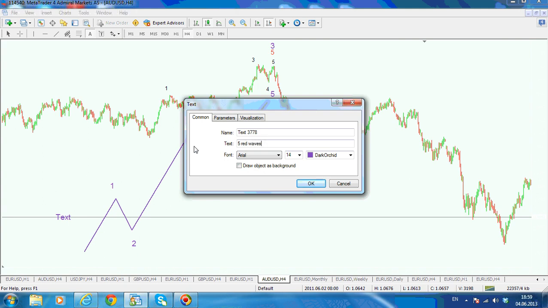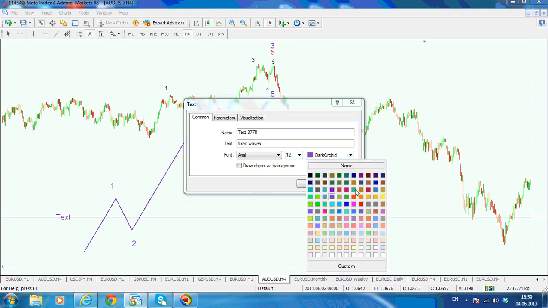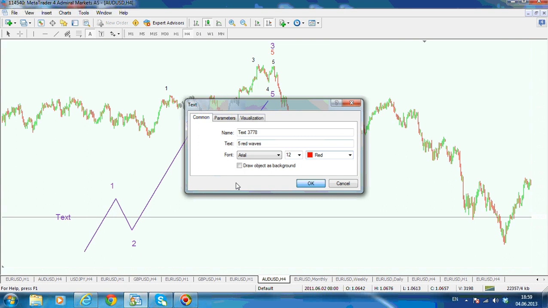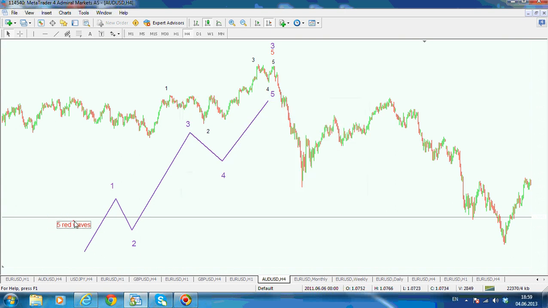I'm using colors for different degree waves because it's easier to see the wave count you are in. You will see that when we go on to the next subchapter dealing with cycles in the Elliott waves. So these are 5 red waves. This should be 3 red waves. Okay.